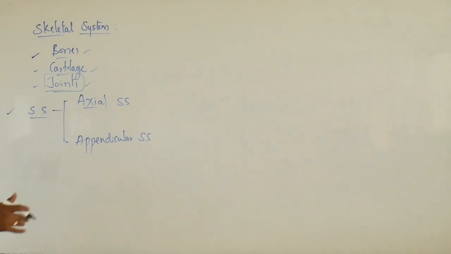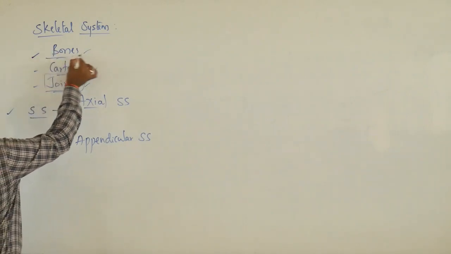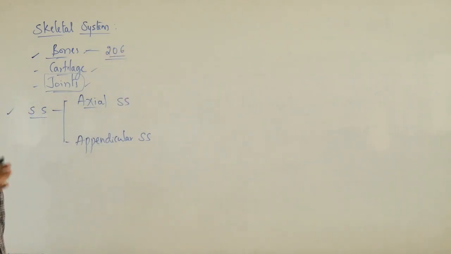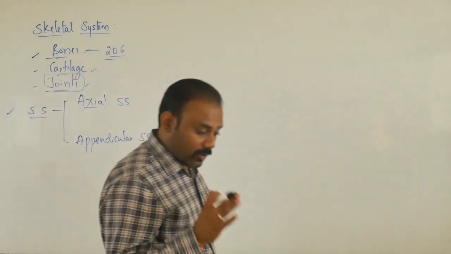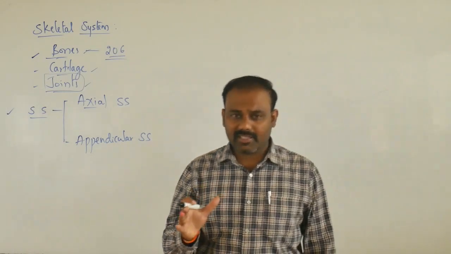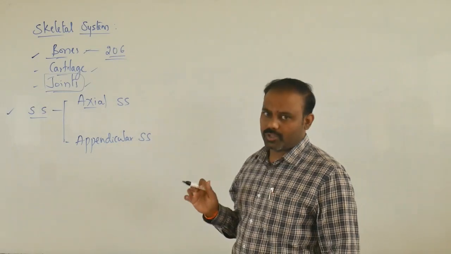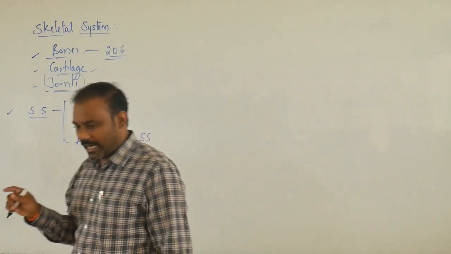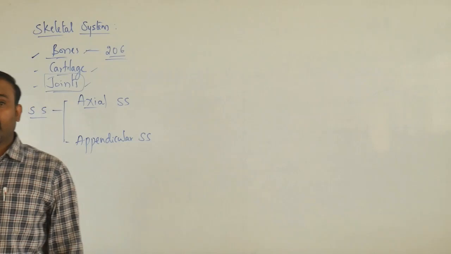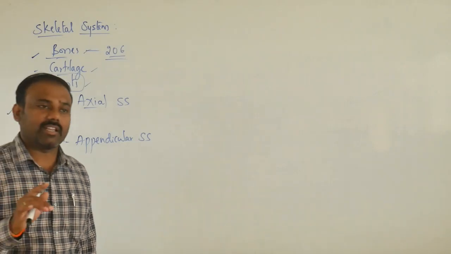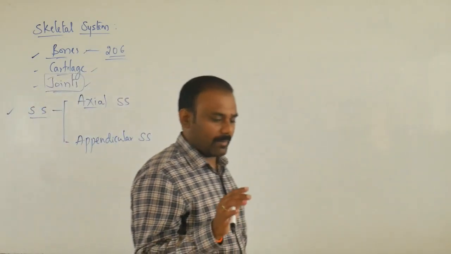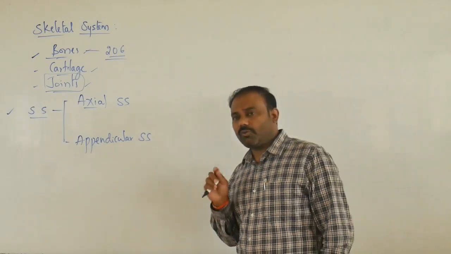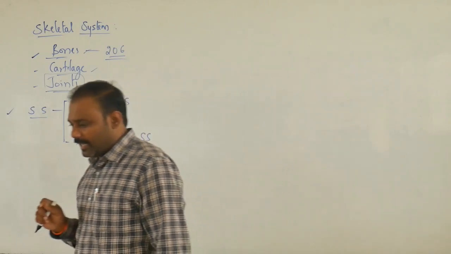The human skeletal system contains almost 206 bones. Remember, in adult human beings there are 206 bones. At the same time, there are more than 300 bones in a newly born baby. According to one study, there are more than 300 bones present in a newly born baby.